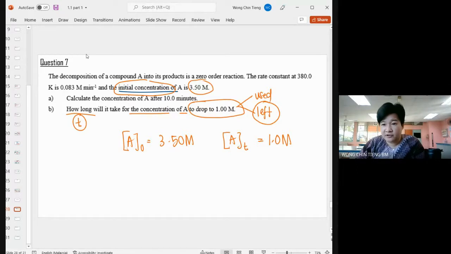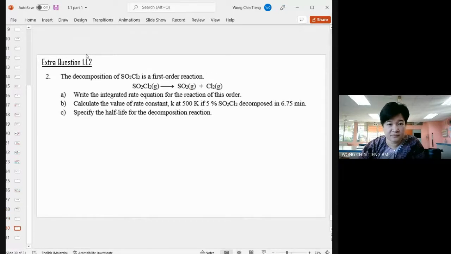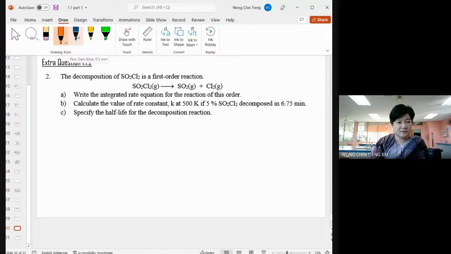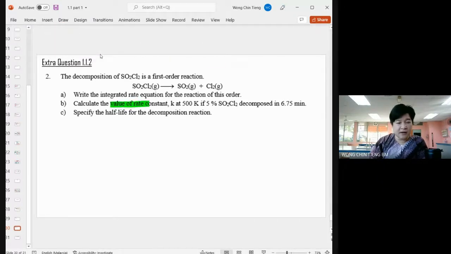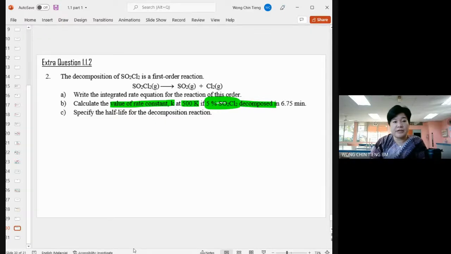Okay. Saya ajar ni supaya kamu boleh buatlah soalan ni nanti. Calculate the value of the rate constant at 50k if 5% decompose. Yang ni kita nak tengok. So initial buatlah sendiri. 5% of SO2 decompose.